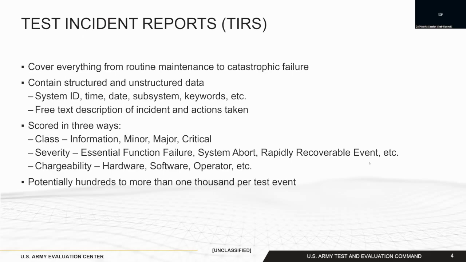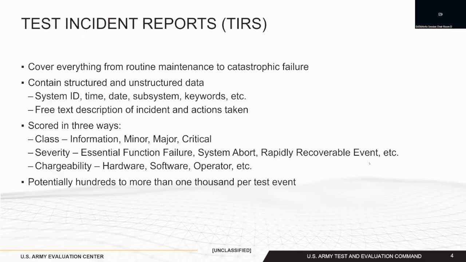There's a severity. It could be an essential function failure, system abort, rapidly recoverable event, and so forth. The exact definitions of these severities and what's considered to fall under each of them will vary system by system. And in fact, the names of these severities will also change. Some systems have, for instance, a crew correctable maintenance action, or an operational mission failure, or other definitions.